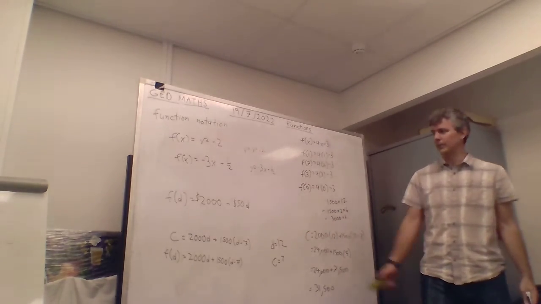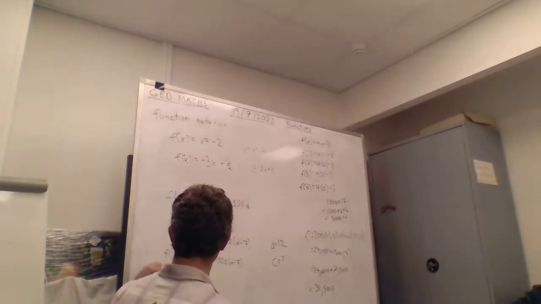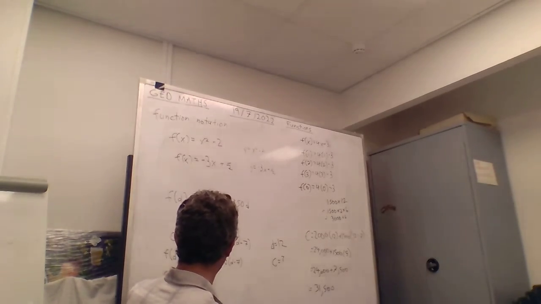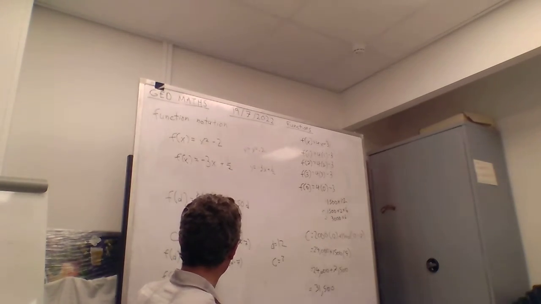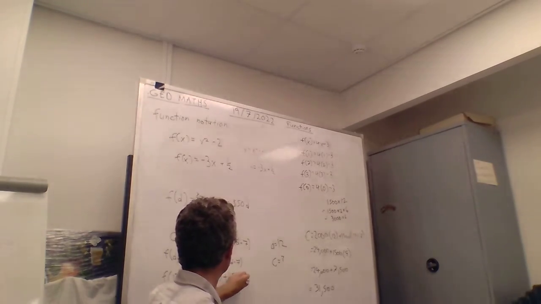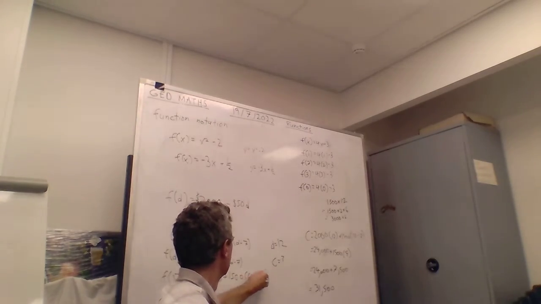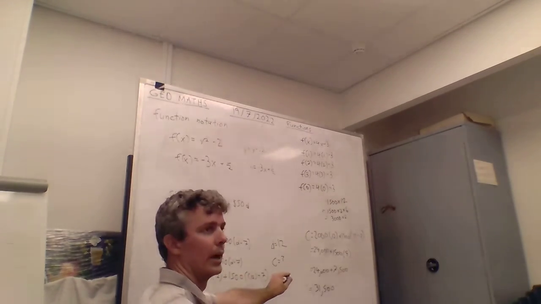Okay? If you were to write it as functional notation, what we would do is f of 12 equals 2,000 times 12 plus 1,500 times 12 minus 7. I would solve the same way, right?